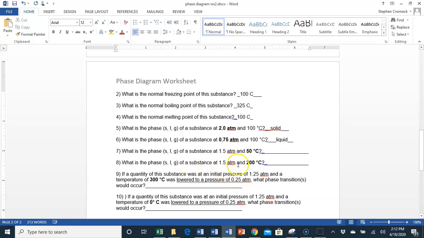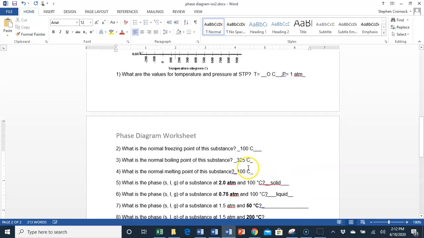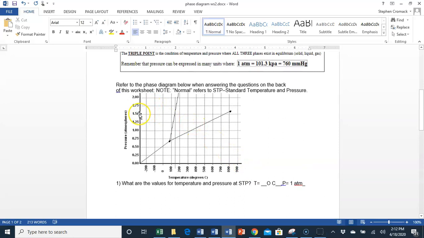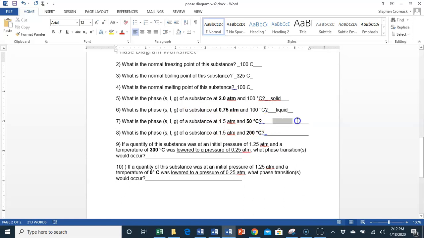So we want to know what phases are going to be at 1.5 atmospheres, 50 degrees Celsius. So let's go to 1.5 atmospheres. We're going to go to 50 degrees Celsius, so that puts us right about here. And it looks like we're a solid because we're right between that 0 and 100, so we're in the solid range. So we got a solid.